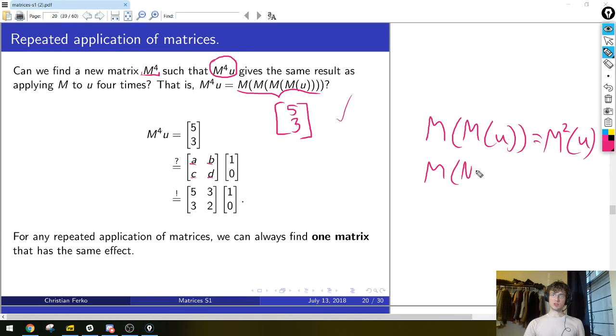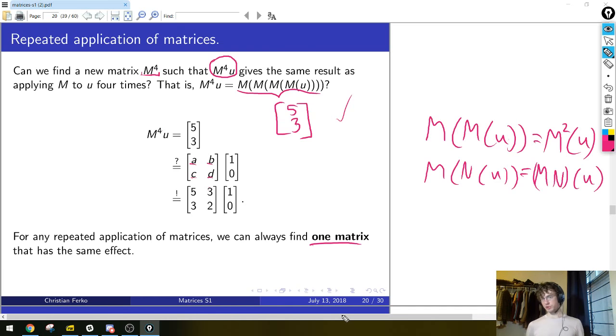This is true even if you have different matrices, m and n, which are different linear functions from R2 to R2. If you apply m and then apply n, you can always find a single matrix, which I'll call mn, so that applying that single matrix will give you the same output in one step as you would get from composing m of n of u. You can always find a single matrix that will have the same effect in one single step.